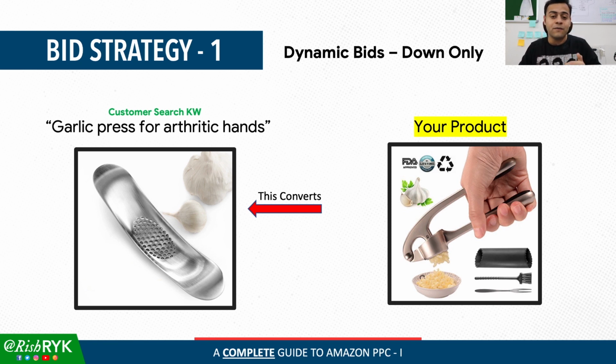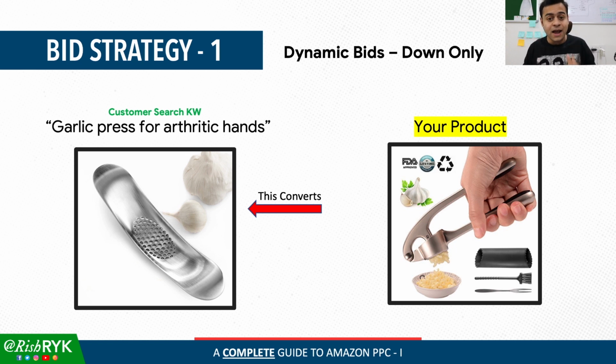So Amazon will reduce your bid for the keyword garlic press for arthritic hands, because Amazon would have figured out that people who are searching for that product specifically are not going to buy the product that you are showing.